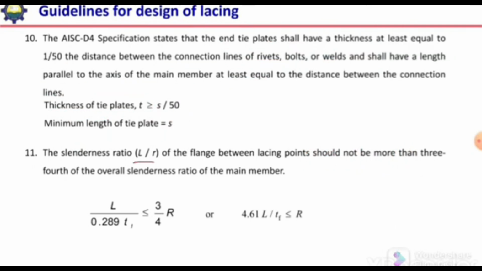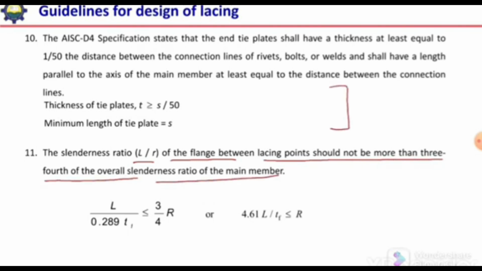Next is the slenderness ratio L/R of the flanges between the lacing points, which should not be more than 3/4 of the overall slenderness ratio of the main member. So if we have a channel section and we see it in the elevation, it will look like this.